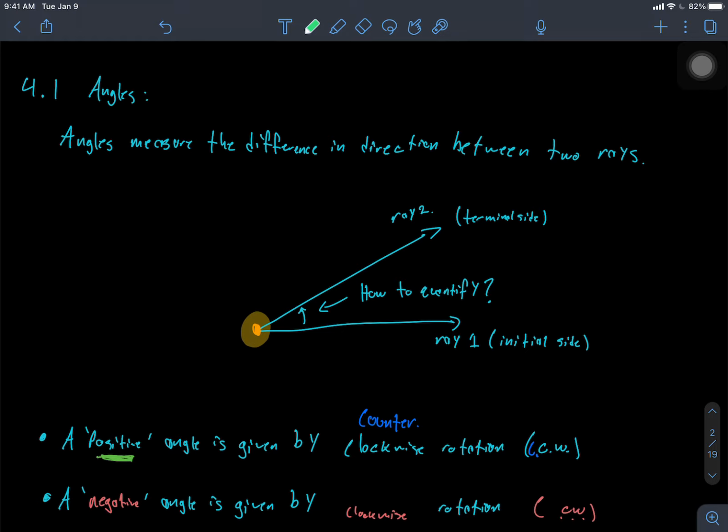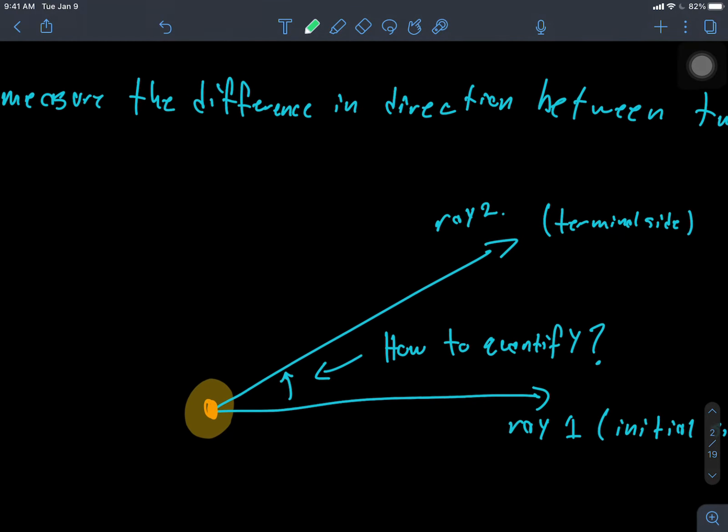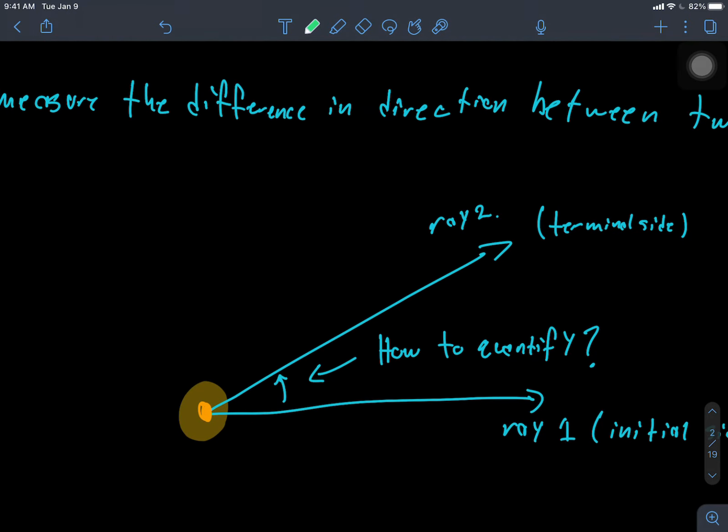Basically, we have two main ways of doing that, using either degrees or radians. But the most important thing is that our definition should be consistent.